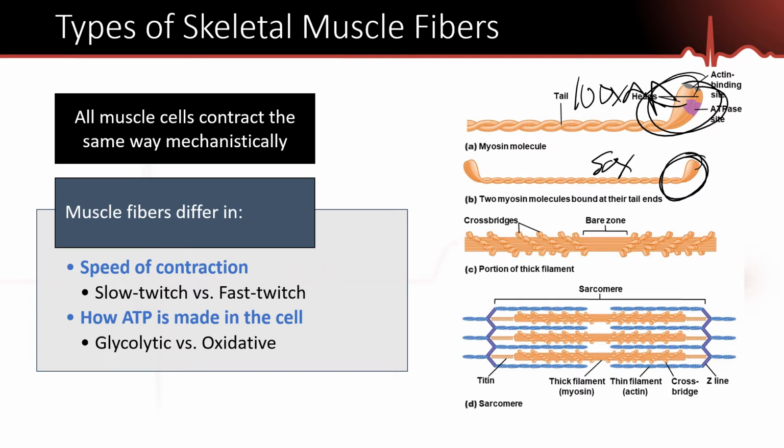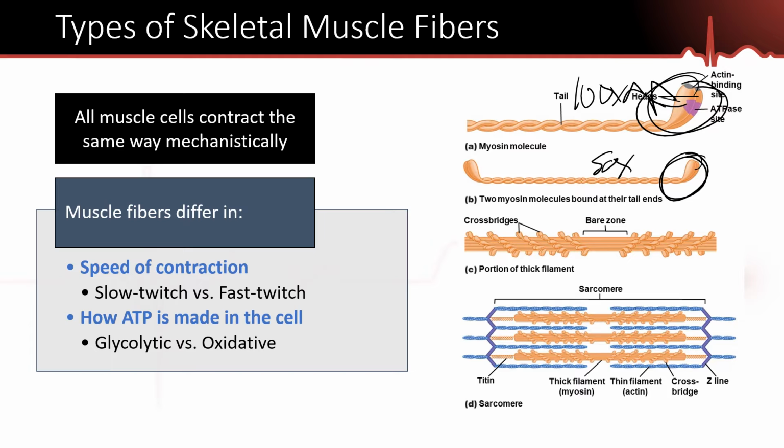If all the myosin heads within a fast twitch muscle fiber are cycling 100 times over the course of a second, then the actin filaments within the fast twitch fiber are going to be moving towards the M line much, much faster compared to the slow twitch muscle fiber.